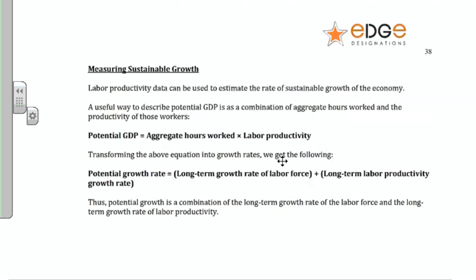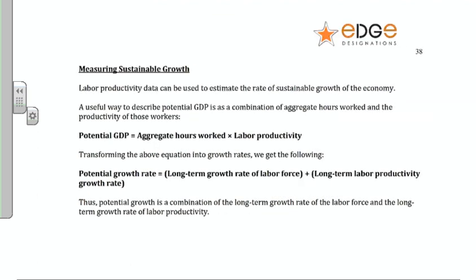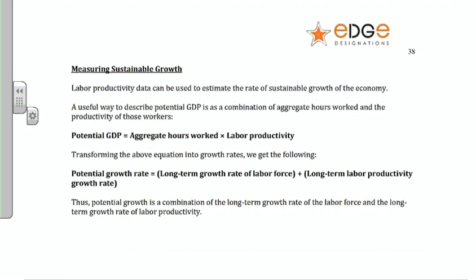Over our page, top of page 38, I'm sure people are relieved we are coming to the end of this rather lengthy learning module 3, but an important one as we move from the pre-reads on into the core material. Measuring sustainable growth, how do we do that? Potential GDP is equal to aggregate hours worked times how productive the labor force is.